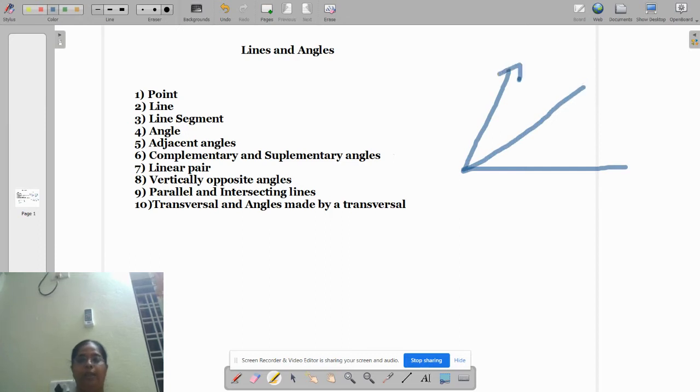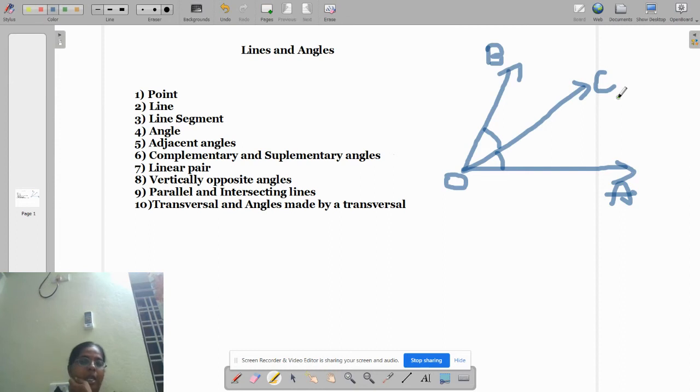If you observe this figure, I am representing it as O, A, B, and this as C. You have two angles here, AOC and COB.